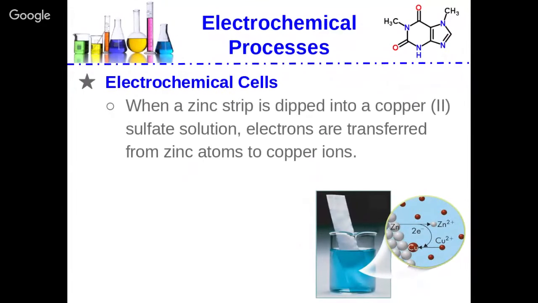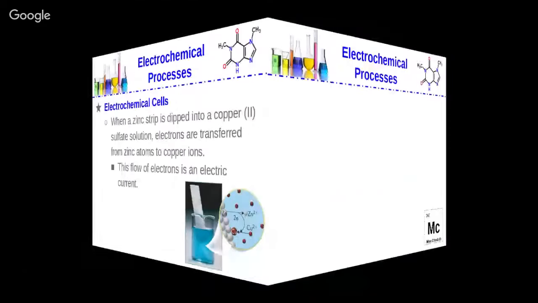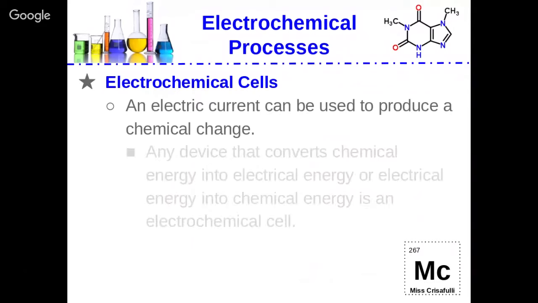So when we look at electrochemical cells, when a zinc strip is dipped into copper 2 sulfate, electrons are transferred from zinc atoms to copper ions. This flow of electrons is an electric current. An electric current can be used to produce a chemical change.